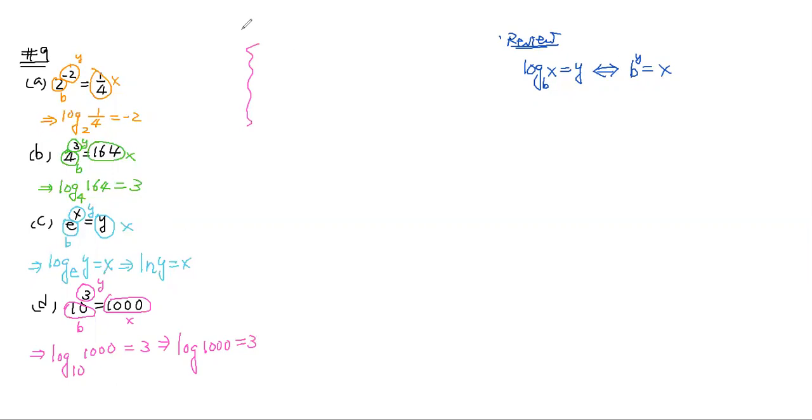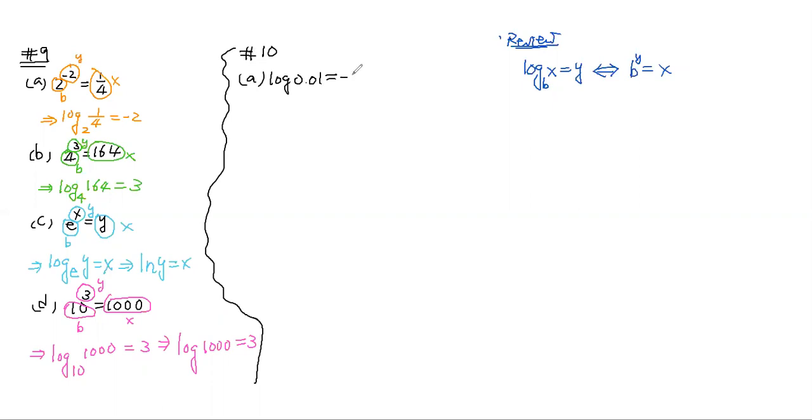Okay, so now let's do problem number 10. We just go backward. If you give me a log, how do I write the exponential? This one also has 4 parts. The first is log 0.01 equals negative 2.